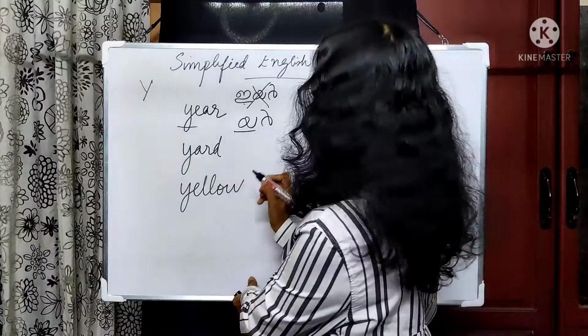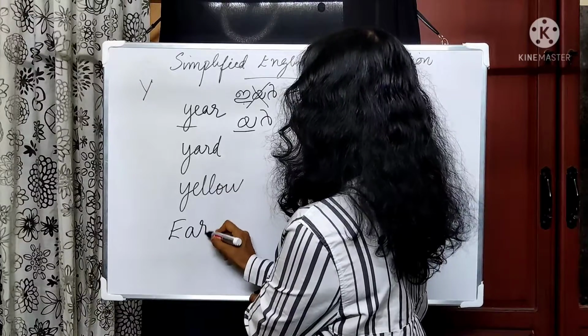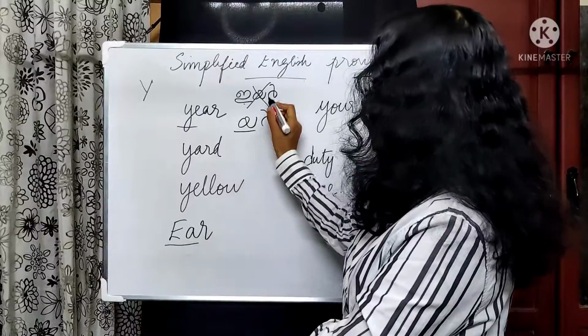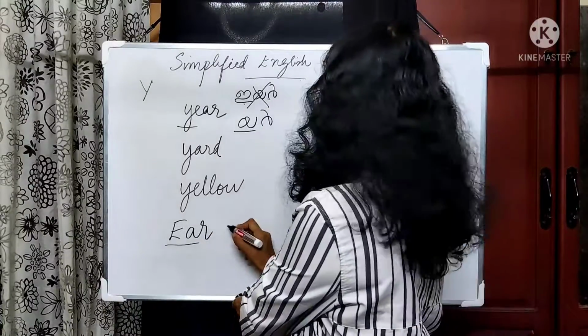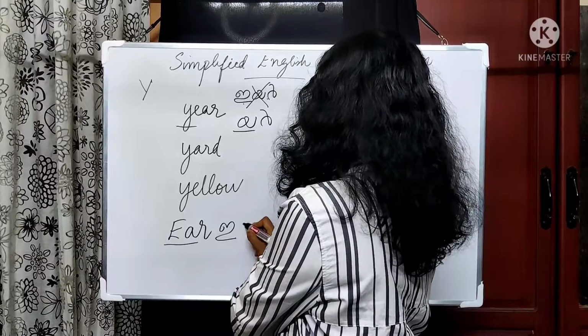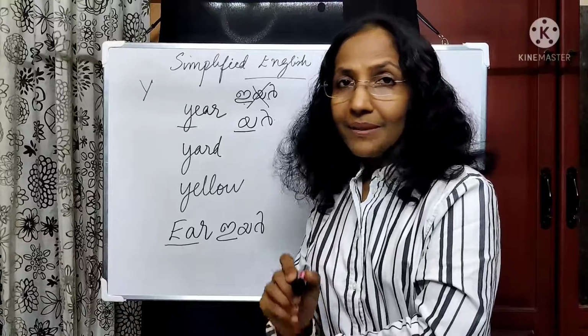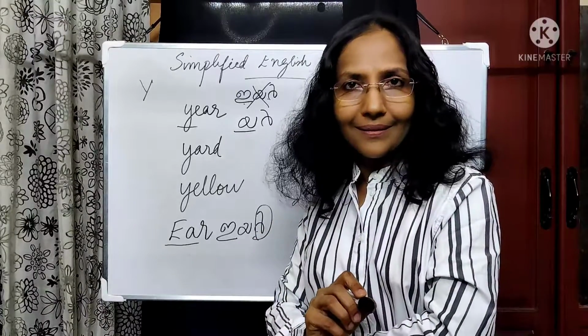Okay, but we have another word. The word is this. How do you pronounce this? This word is pronounced this way. There you are right. Here it is year. There is no doubt in it. Okay, but still, this sound is not heard. That's it.